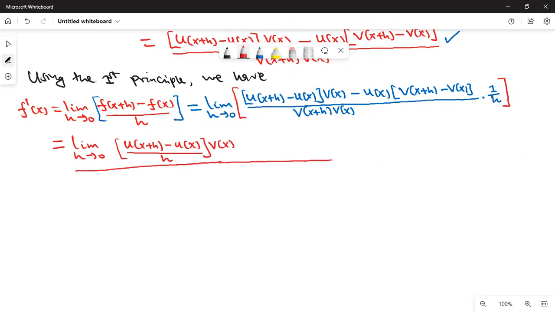before I write over, let me write the other part. The other part is minus limit as h approaches 0 of u of x times v of x plus h minus v of x, and this is divided by h. That's very important. Let me bracket this and also this other one.